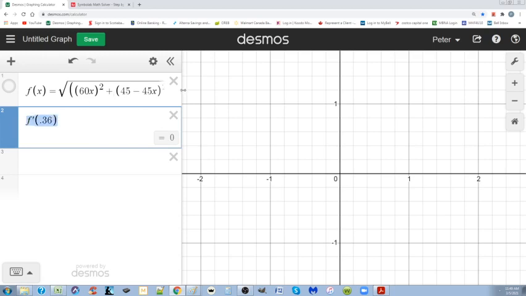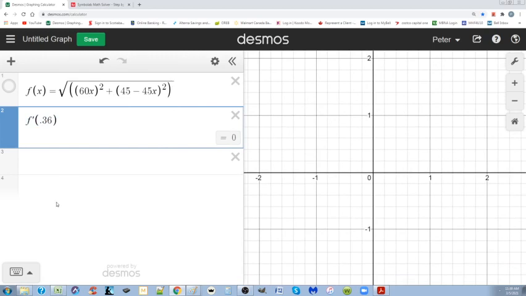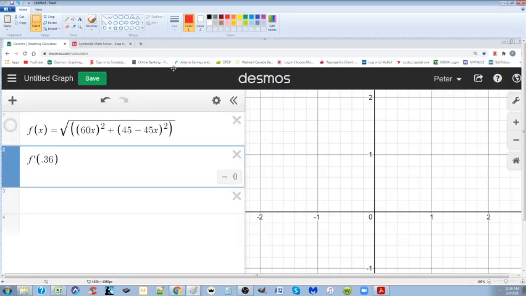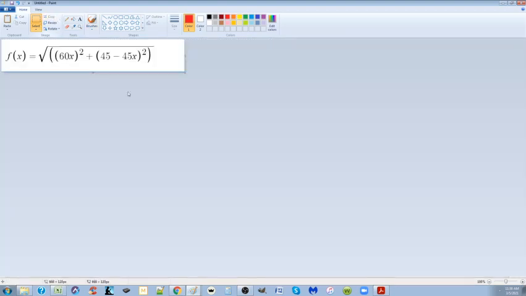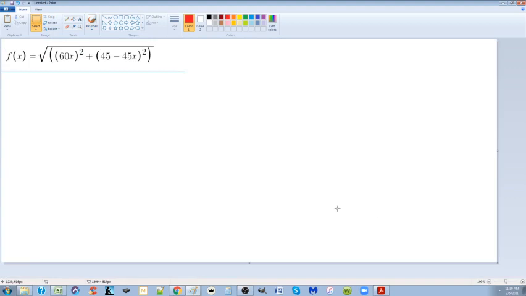So I'm going to take the derivative of that on a clear sheet of paper, because my writing, as you can see, is terrible on a computer. And on a test, you want to make it as clear as possible. So I'm going to rewrite it. I'll do my best.